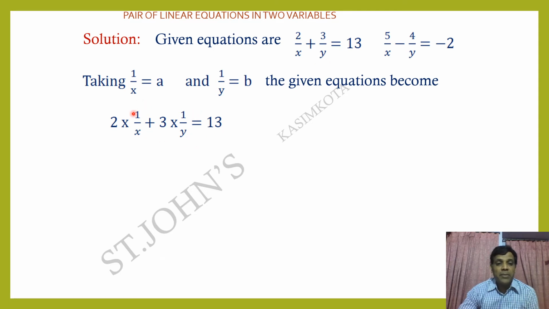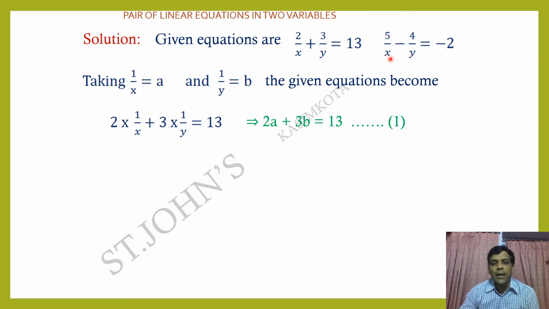Here 1/x means a, 1/y means b. This is written as 2a + 3b = 13. So write down the equation: that implies 2a + 3b = 13. This is the first equation.